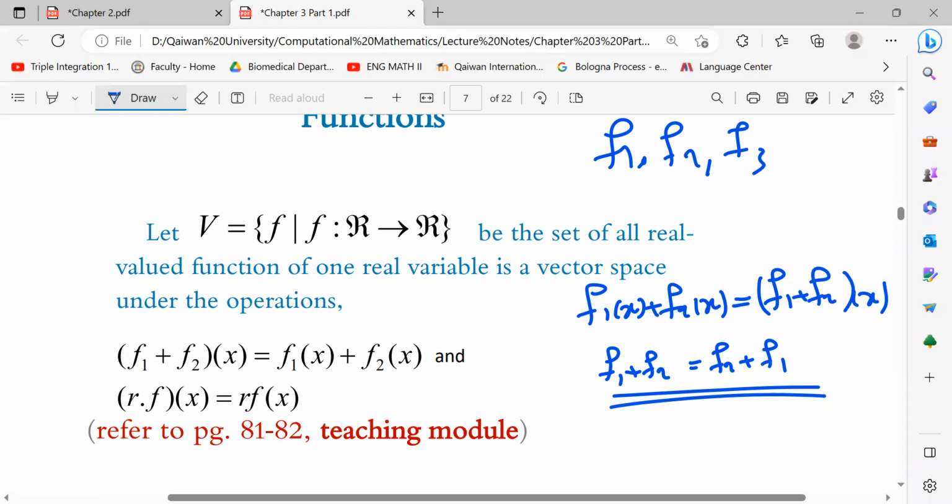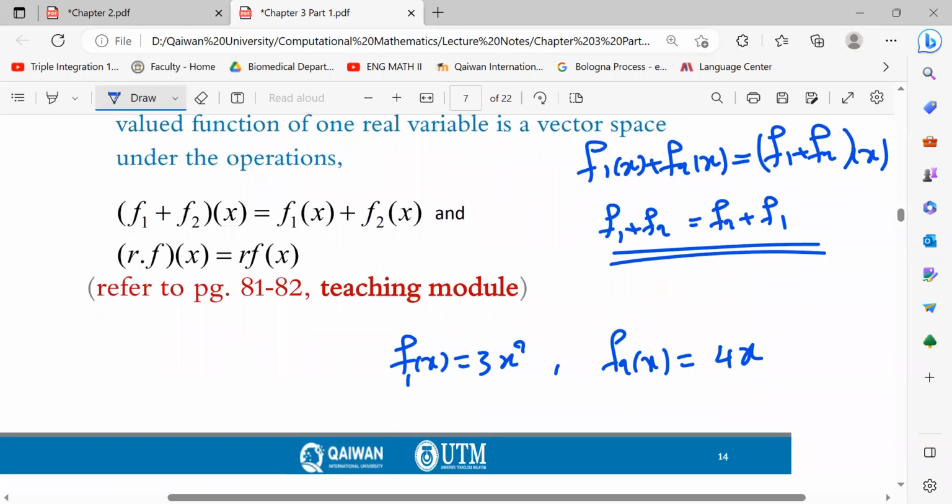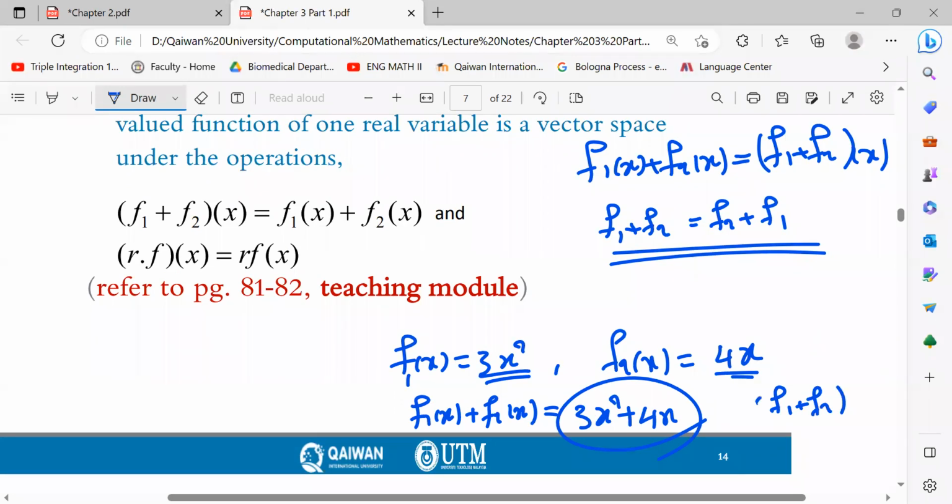Let's say f1 of x is 3x squared and f2 of x is 4x. If we find f1 of x plus f2 of x, it's 3x squared plus 4x. How about f1 plus f2 of x? We just add them. It's the same.